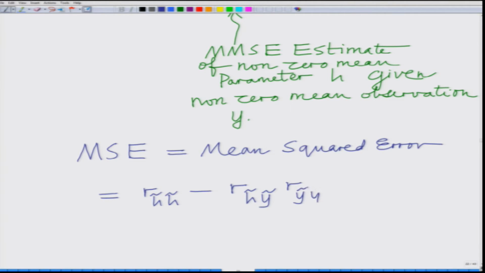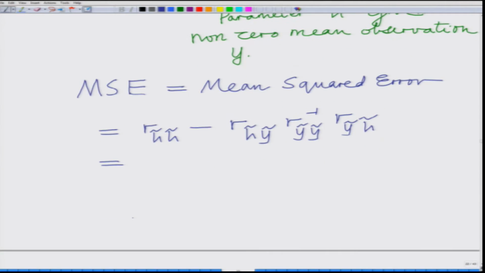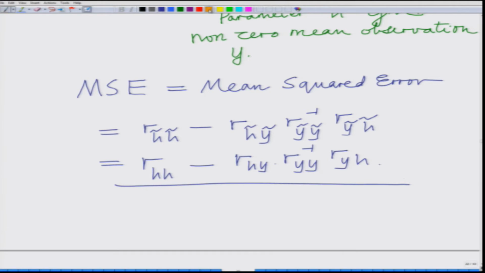Wherever I had y, I am substituting y tilde, wherever I had h, I am substituting h tilde. Now r h tilde h tilde is equal to r h h, so this remains the same expression: r h h minus r h y r y y inverse r y h. This expression is valid again for the mean squared error.